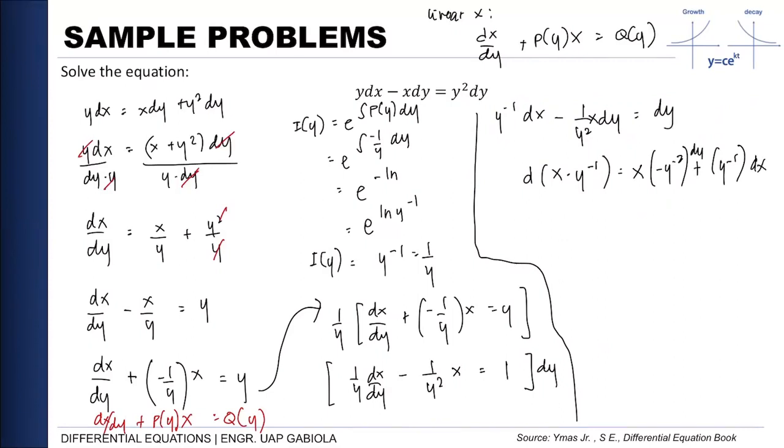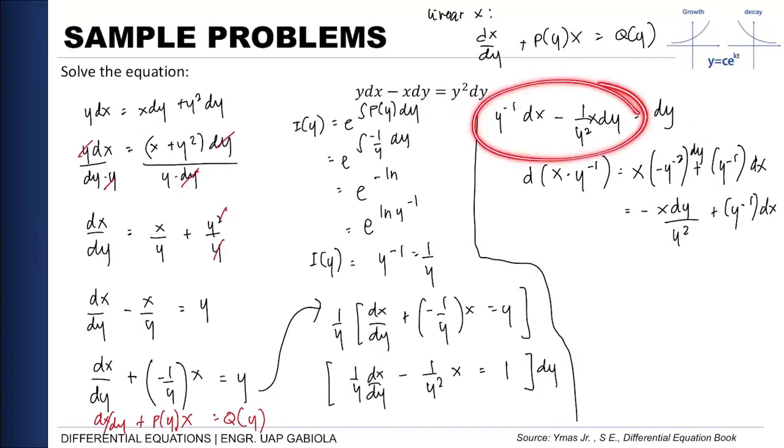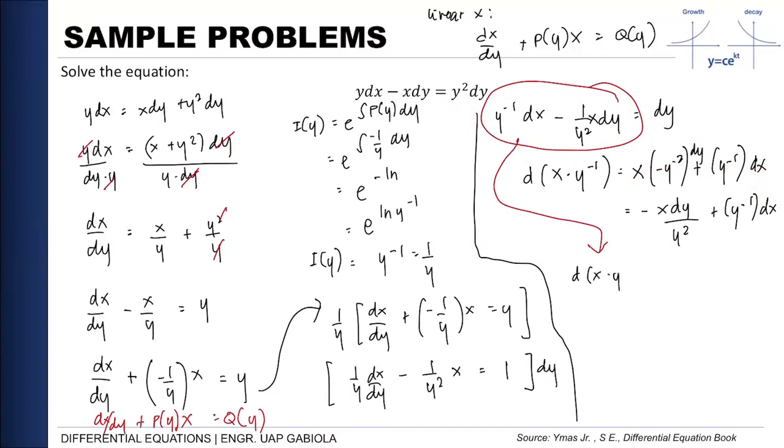So, dito is may dy. Okay? So, pag simplify natin, this is actually equal to negative x dy over y squared plus y negative 1 dx, which is exactly the same as this one. Okay? So, sabihin, ito, pwede siya gawin dx times y negative 1 differential is equals to dy.